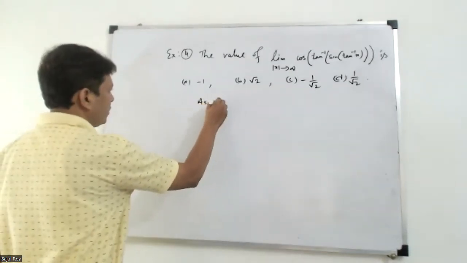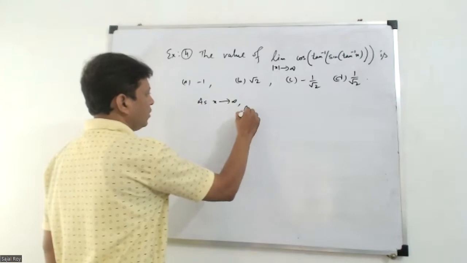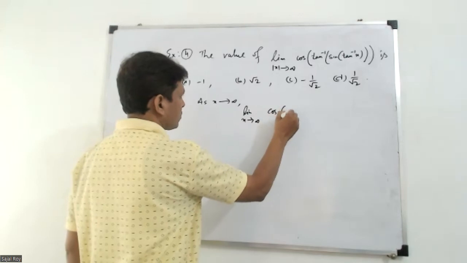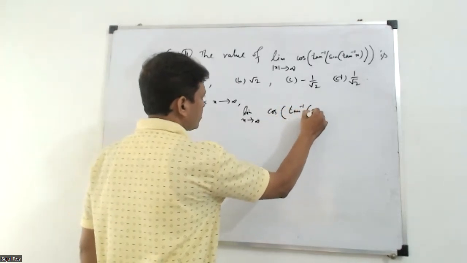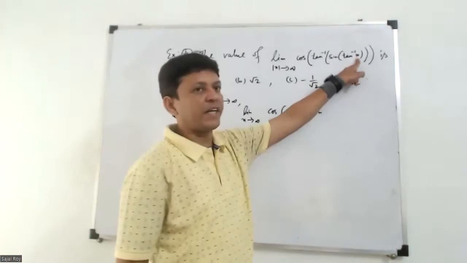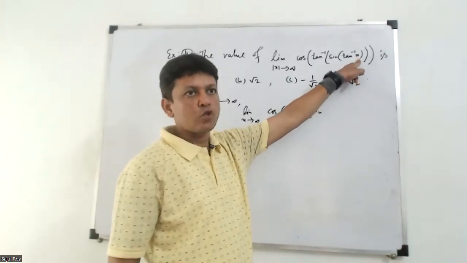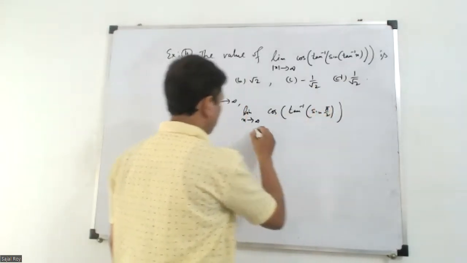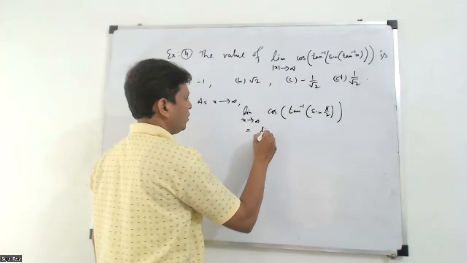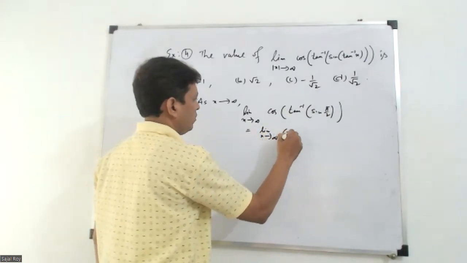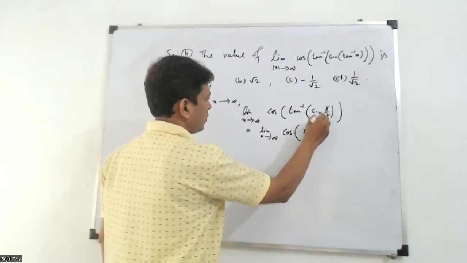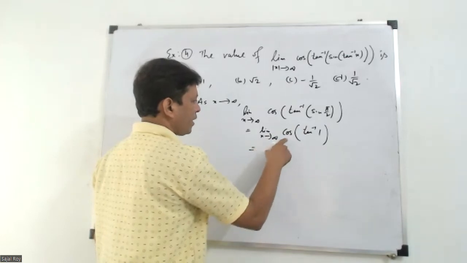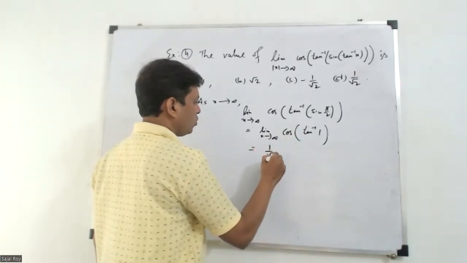So as x goes to infinity, cos tan inverse sin tan inverse x: tan inverse infinity goes to pi by 2. Sin pi by 2 is 1, so it's pi by 4. And cos pi by 4 is 1 by root 2.